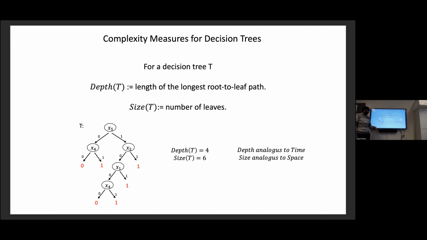Size tells us how much space I need to store this decision tree, because you only have order number-of-leaves many things to store this strategy which represents your Boolean function. Also, the depth in this model of computation can be thought of as time, and size can be thought of as space.